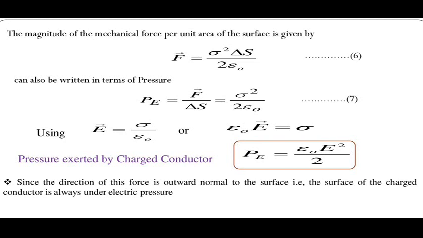As we have told earlier, the electric field outside any charged conductor is sigma by epsilon naught, we can use this to substitute for sigma as epsilon naught E. So we put this value of sigma in equation number 7, and finally we have the pressure exerted by a charged conductor as half epsilon naught E square, and this force or pressure is always directed outward normal to the surface. So we can say that the surface of the charged conductor is always under electric pressure.